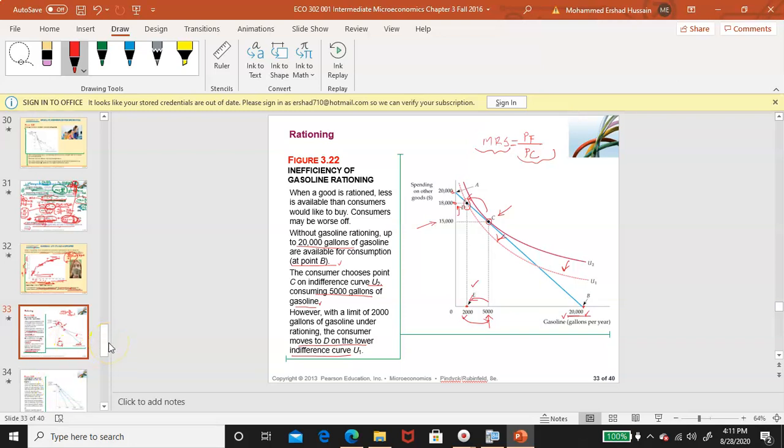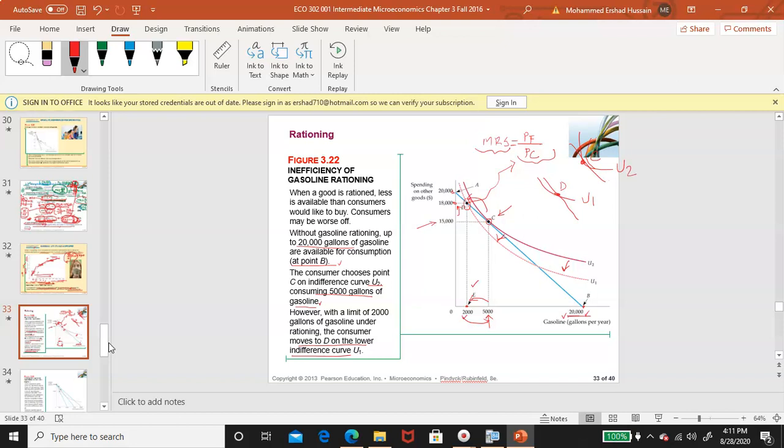And here again, this is not equal, right? Look at that. At point D, the budget line intersects the indifference curve U1. So if this is the U1 indifference curve, this is the budget line. So this is an intersection. This is not like the case of a tangent, right? Here at point C we have a tangent, but at point D, this is U2, right?